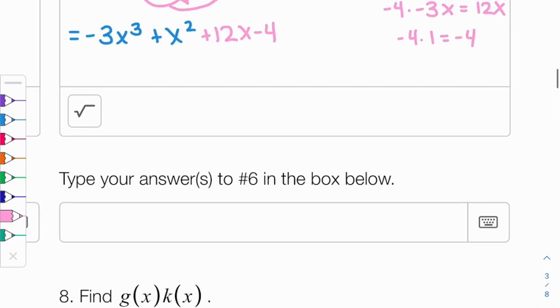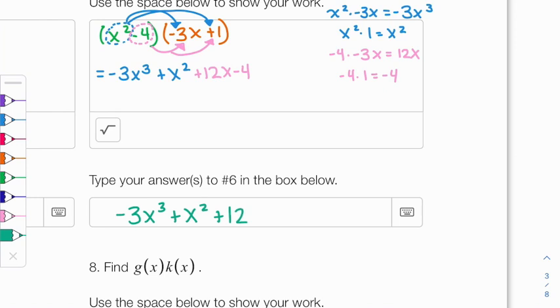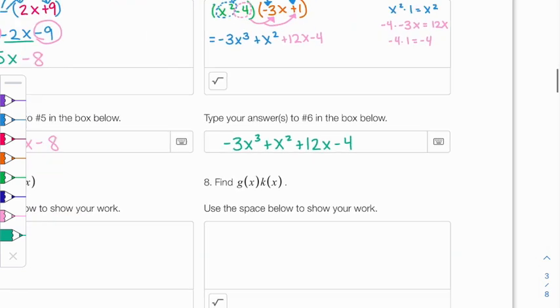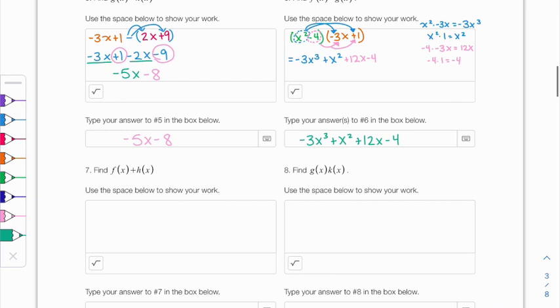There's nothing super fancy about that. It's already in the right order from highest exponent to lowest. So that's my new function based on multiplying two old ones. So I've multiplied a quadratic and a linear, and I've gotten what's called a cubic because it is degree 3, has the highest exponent of 3.